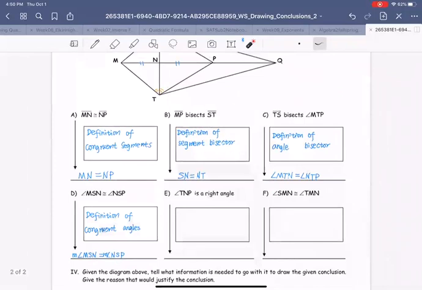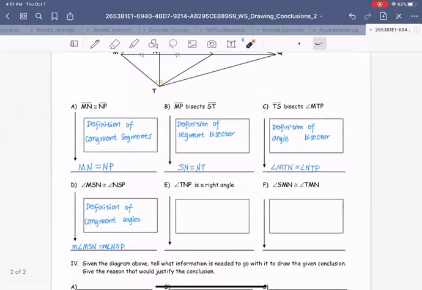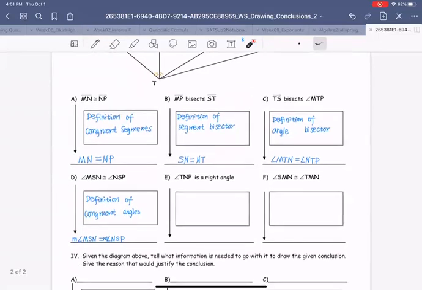Now, angle TNP is a right angle. Definition of right angle. Hold on, your conclusion. Wait, it's not definition of similar.